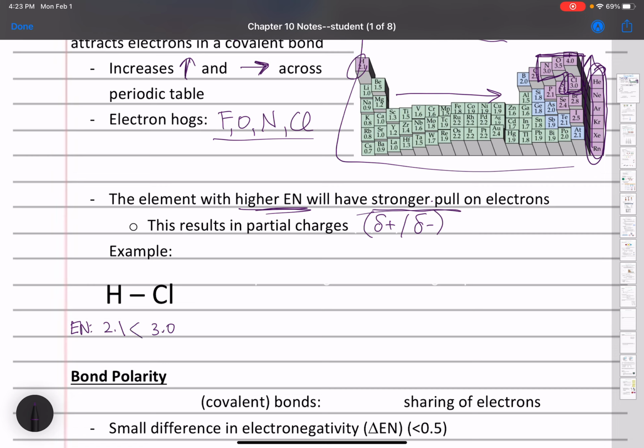So the electrons basically are going to be hogged in this direction. Right? And we can draw this arrow, it's actually a vector, put a little plus there, that shows the direction of electron pull. We call this the dipole moment. And all it is is an arrow that shows the direction electrons are being hogged towards.